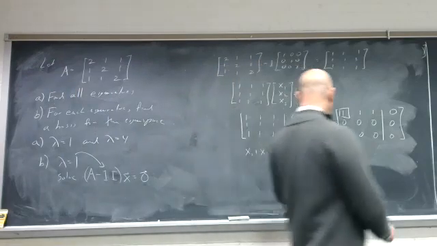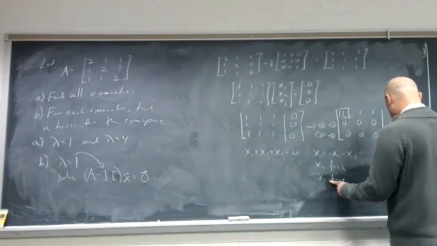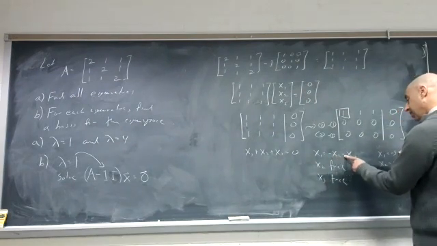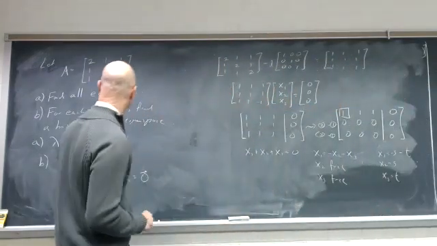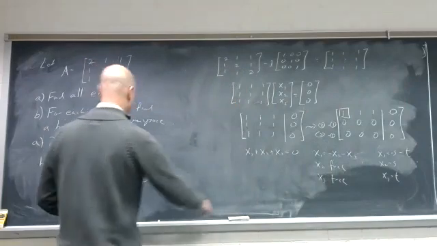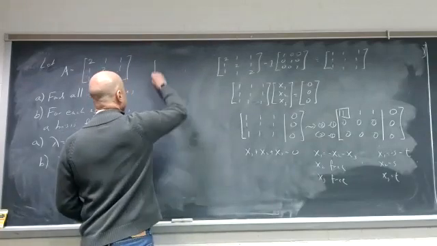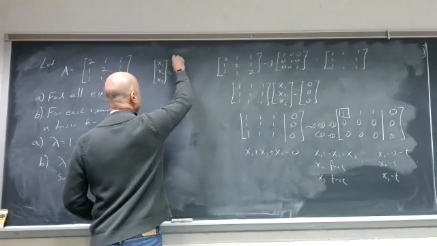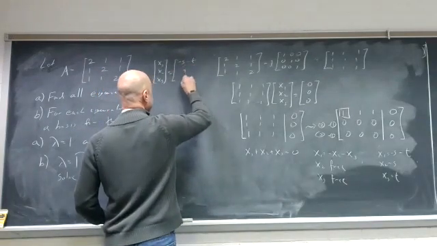And so we'll just come up with parameters for x2 and x3. x2 can be s, x3 can be t. And so x1 is equal to minus s minus t. And so x1, x2, x3 is equal to minus s minus t, s, t.